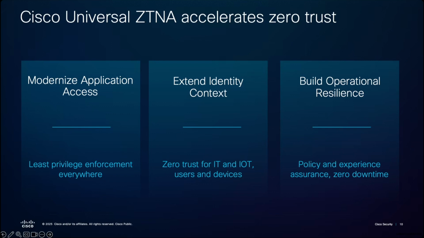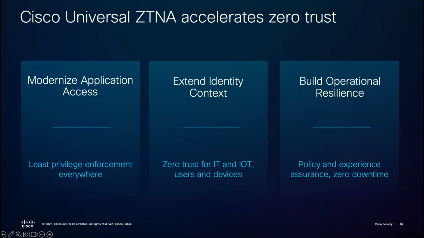Now, finally, when you think about operational resilience, our approach really enables organizations to build operational resilience by providing a key component called digital experience monitoring, which allows folks to provide end-to-end visibility within the highly performant architecture that we've created.